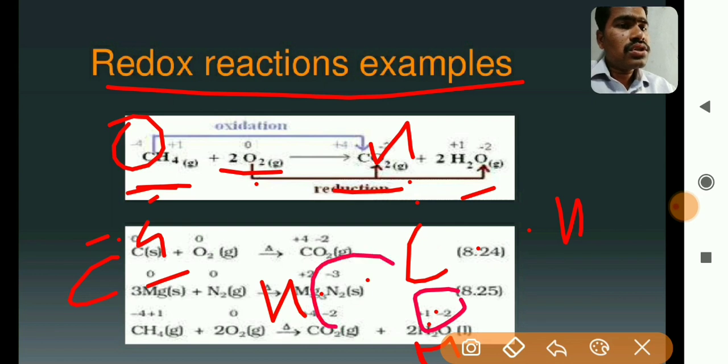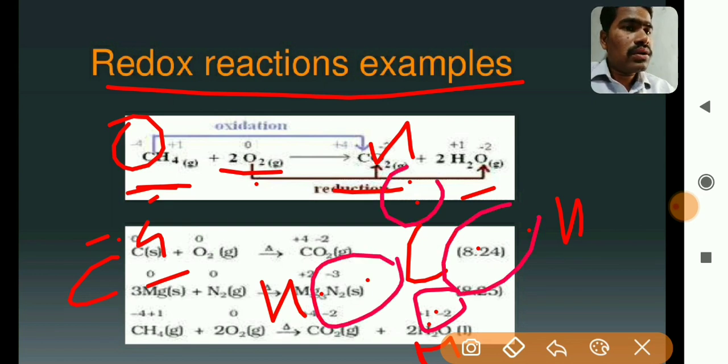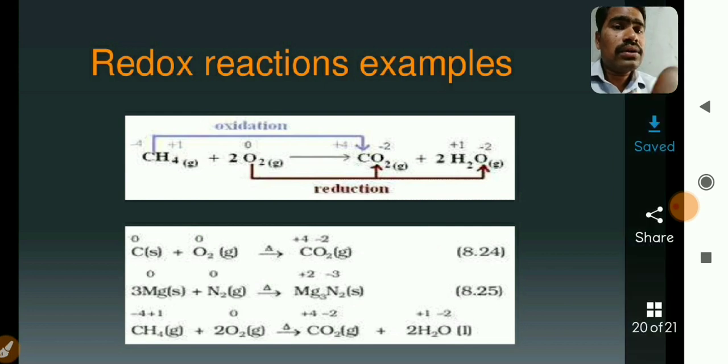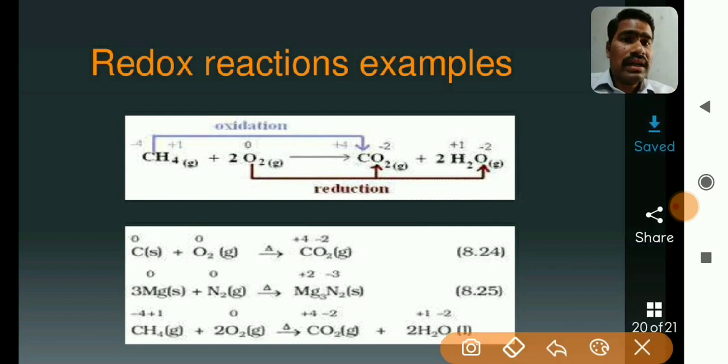These are the shared electrons it has taken. Now you can see 1 2 3 4 5 6 7 8. So total 8 electrons are there, and that's why carbon has got an oxidation state of -4, and each hydrogen has lost 1 electron. That's why it is +1.